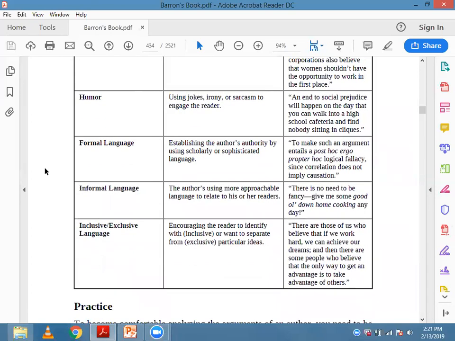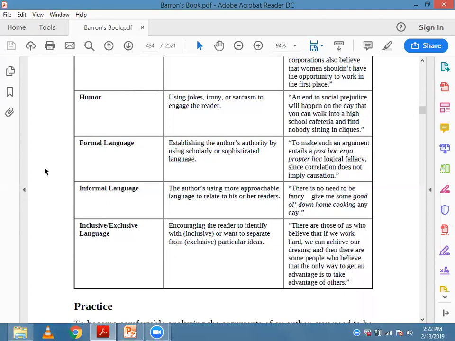Now let's come to the last category, which is inclusive or exclusive language. Over here, the author gives two separate categories. This is slightly different, so pay attention to this one. The inclusive and exclusive category is when the author gives us two situations and he expects the reader to associate with one situation and to be separate from the other.